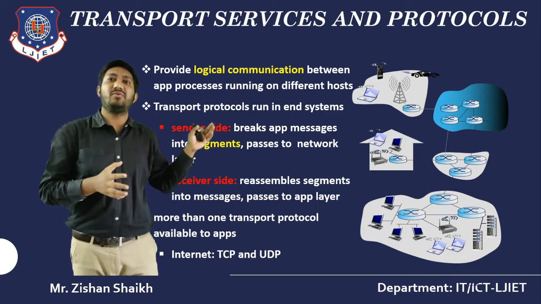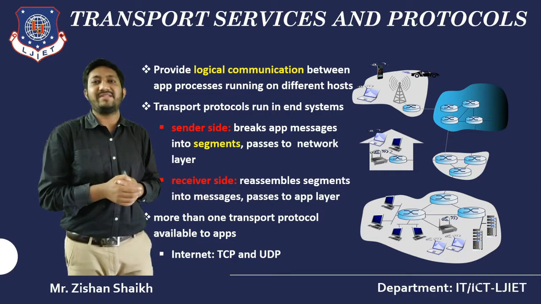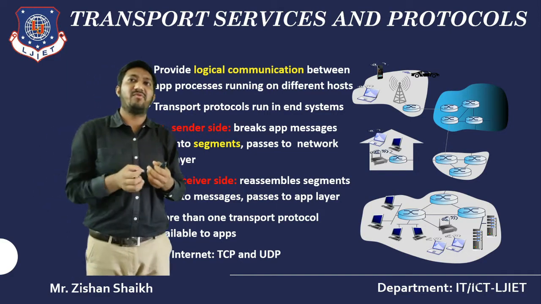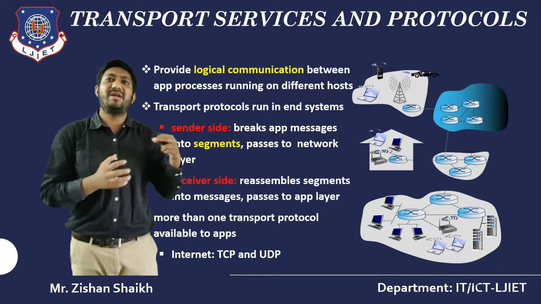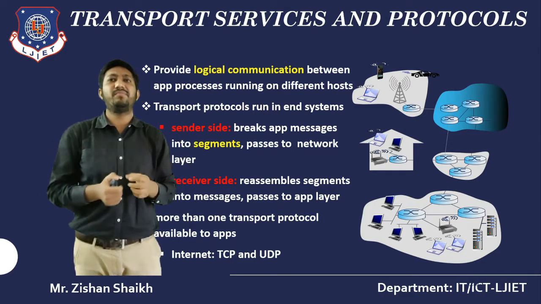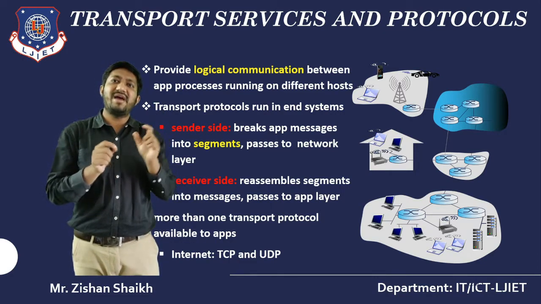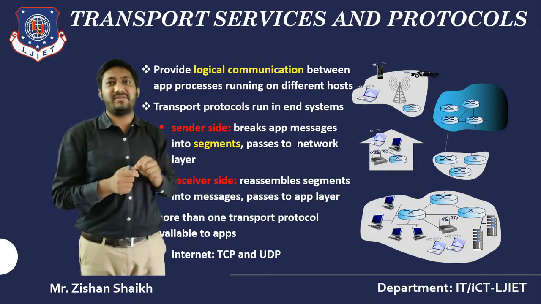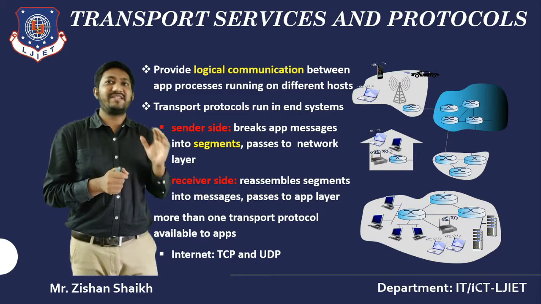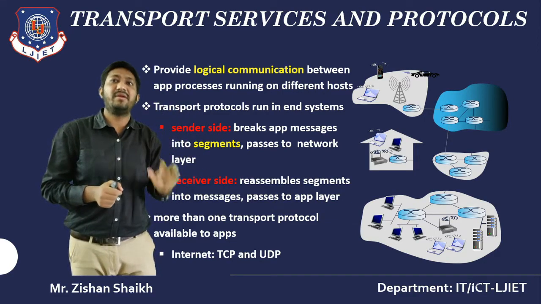How the user is connected logically from source to destination with a number of applications simultaneously is the concept of our transport layer. So how will that be provided? It is divided into two parts, server side and client side. When the data is transferring from source to destination, first it takes the data from the application layer, and those messages are broken into smaller parts, and those parts are known as segments here. Those segments are then processed and sent to the network layer.